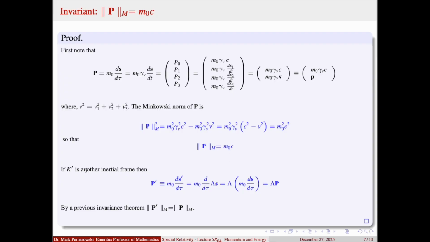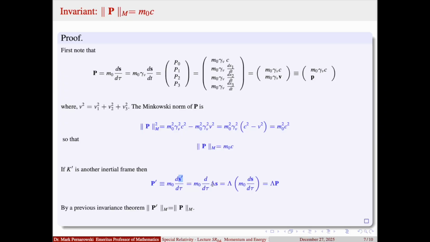So then in K prime, if I take any other frame, I want to prove that under the Lorentz transformation, this is still true. So we want to translate and look at the four momentum in the other reference frame, K prime. Well, that's ds, the Minkowski prime coordinate, with respect to proper time.